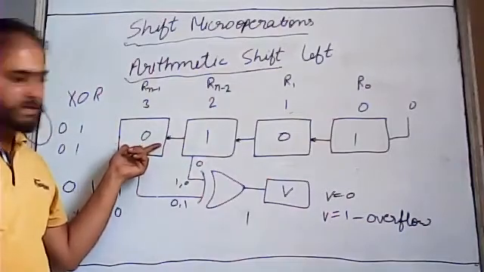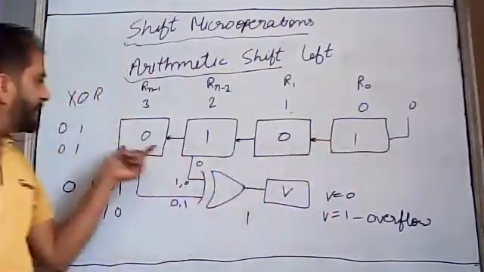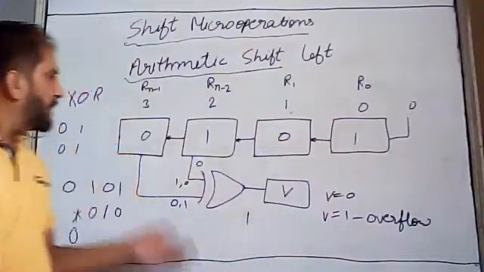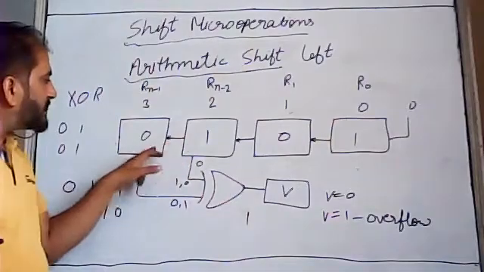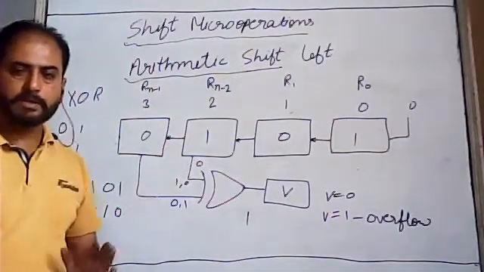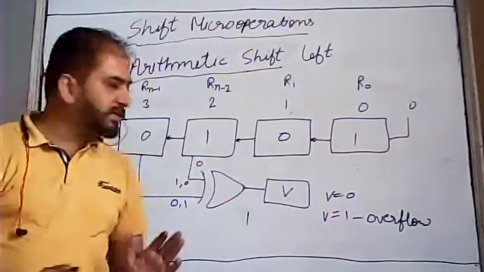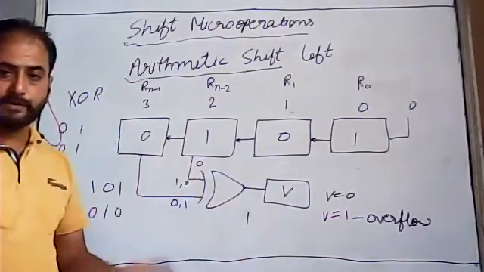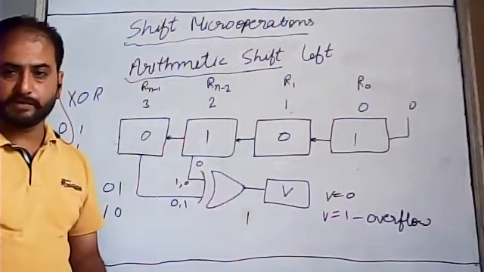If it is 0, the number is positive. If it is 1, the number is negative. If these two bits are the same, then we have no need of sign reversal. But if these two bits are different, then we need a sign reversal.